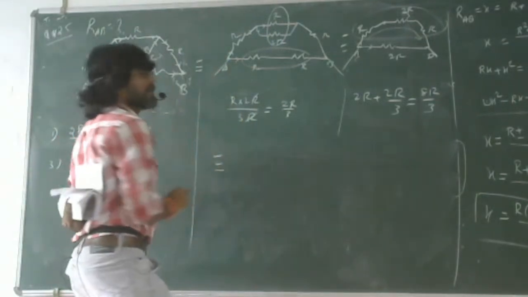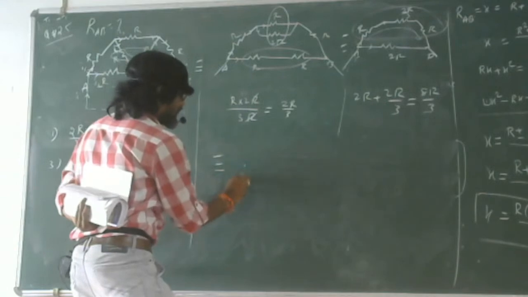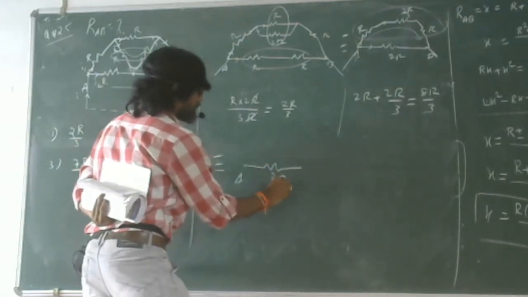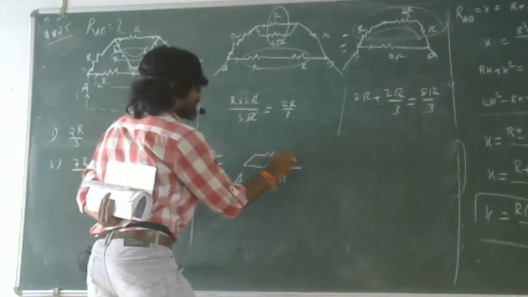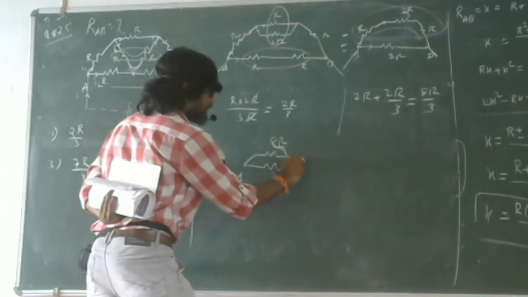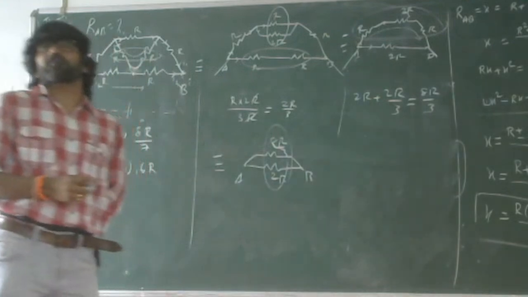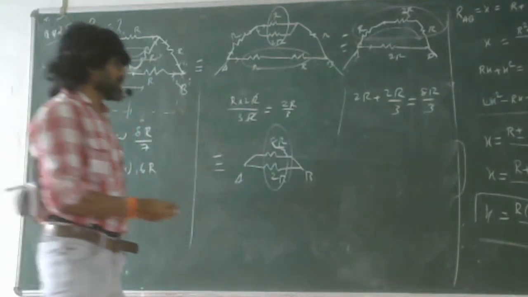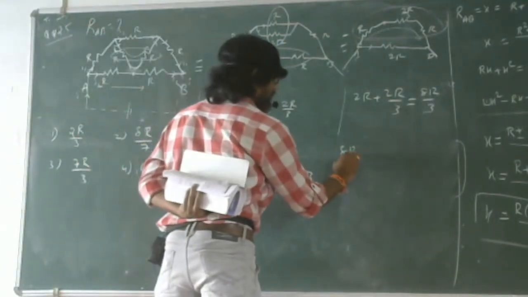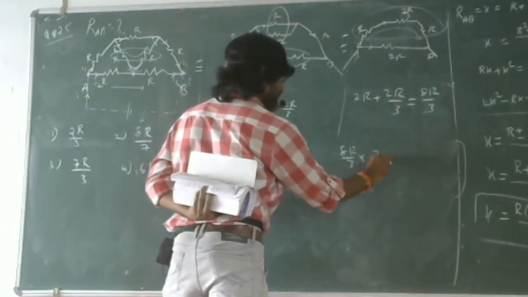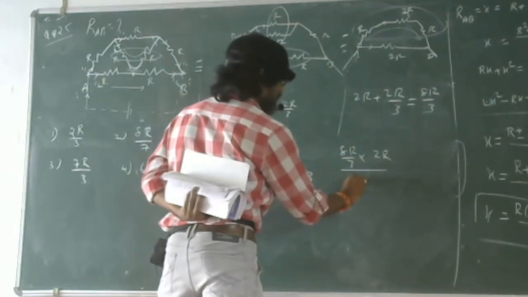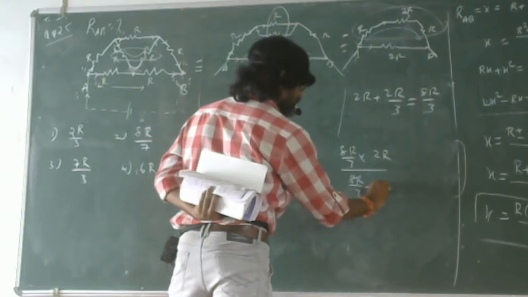If you replace this, what will you get? Again, next step. This is A. Here you write 2R, and this will be 8R by 3. Join here. This is your B. Now these two are in parallel. So RAB is equal to 8R by 3 into 2R, divided by 8R by 3 plus 2R.